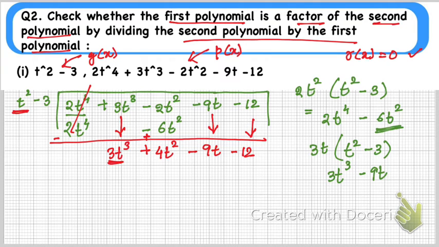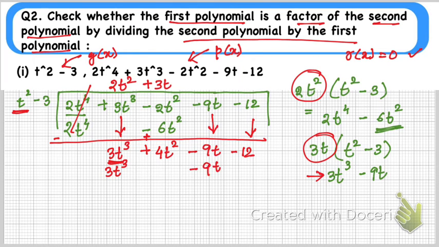We will write 2t square, since we multiplied firstly with 2t square, and again we are multiplying with 3t, so we will write here 3t. Now we will write this term over here: 3t cube minus 9t. Changing the signs again, this will become minus and this will become plus.